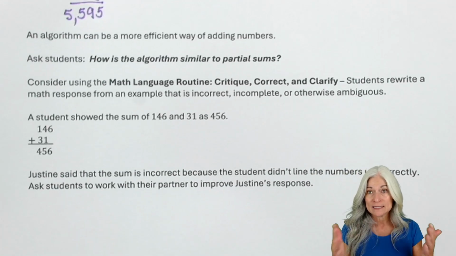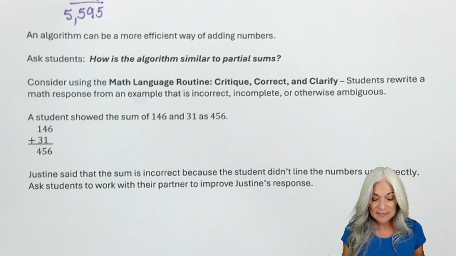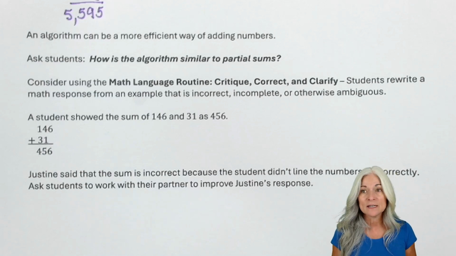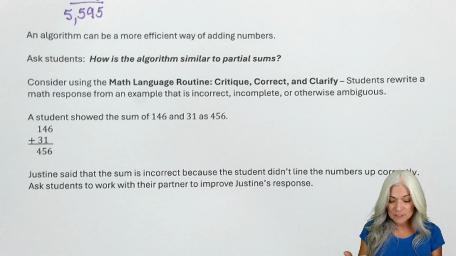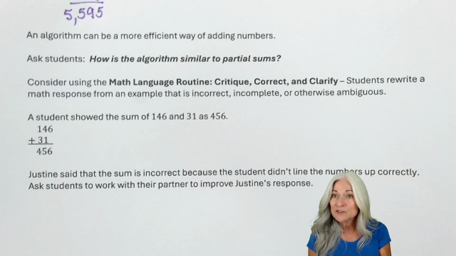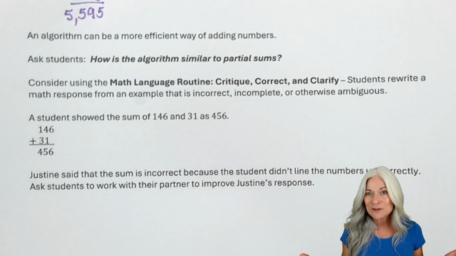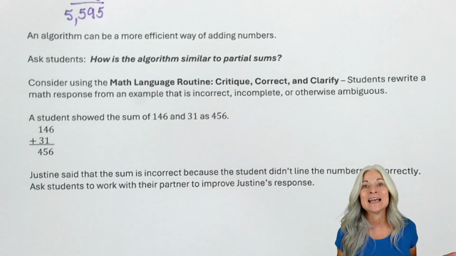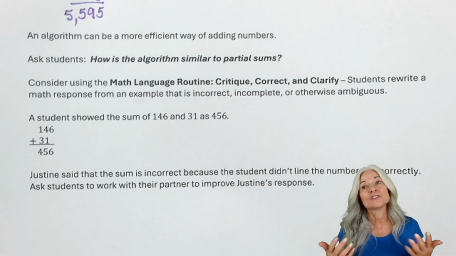So here is the math response that they're rewriting. Justine said the sum is incorrect because the student didn't line the numbers up correctly. Ask students to work with their partner to improve Justine's response. So this one is very ambiguous because it just says didn't line the numbers up correctly. So it's not wrong, it's just ambiguous.